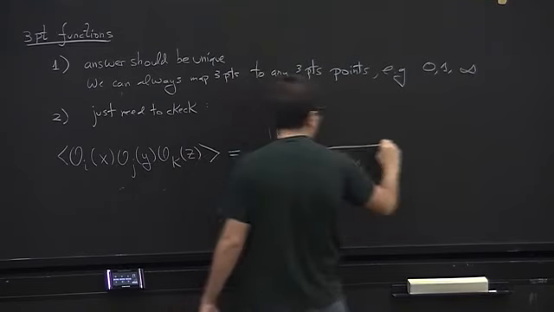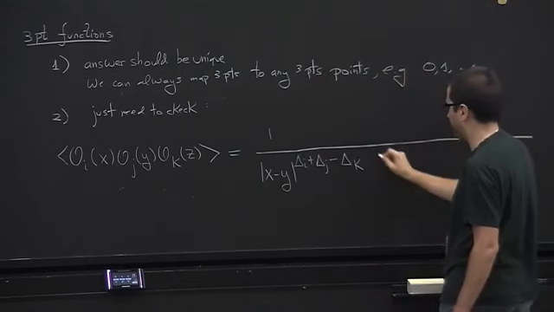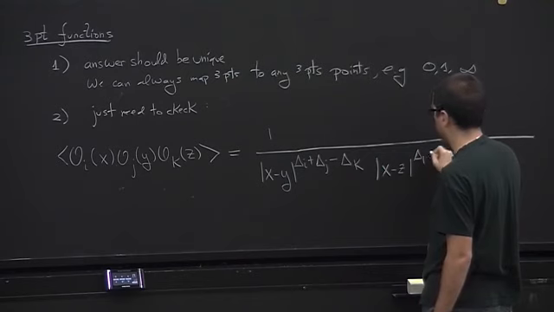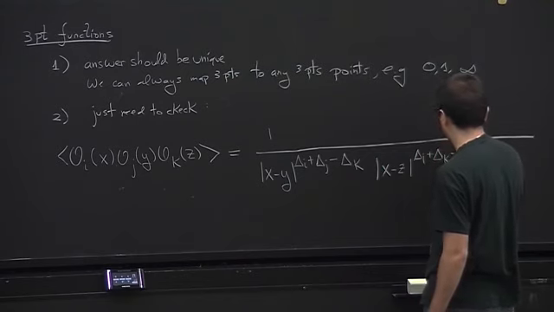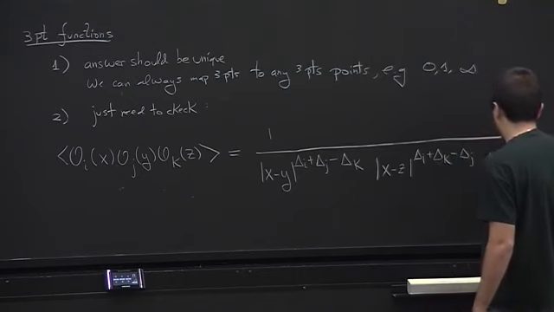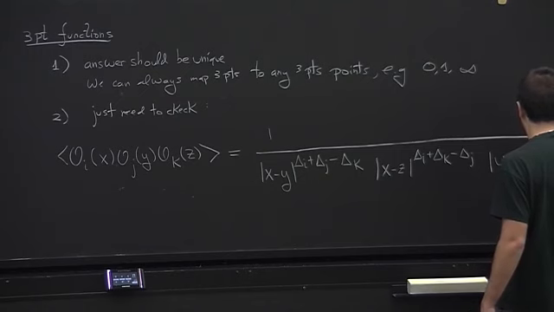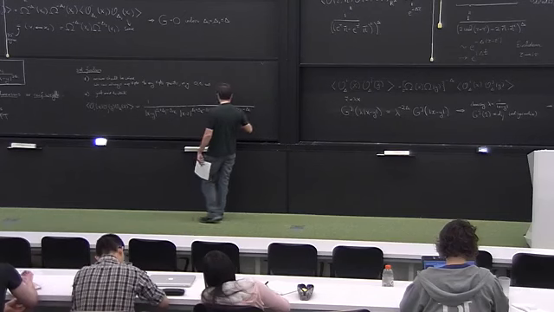And then the same thing for the others: |x minus z| to the power dimension at x plus dimension at z minus the other one, and then |y minus z| to the power dimension at y plus dimension at z minus dimension at x.